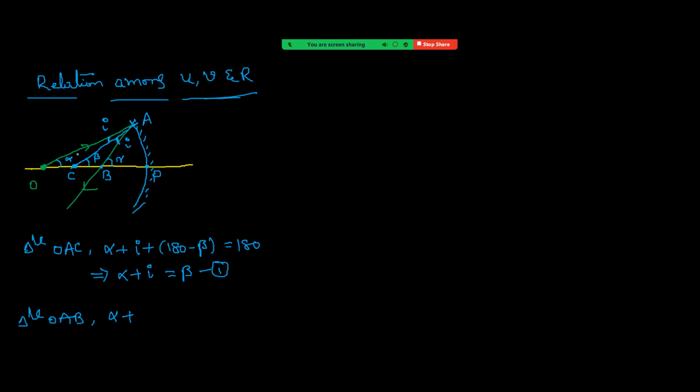Next, psi and psi give a total of 2 psi, so alpha plus 2 psi.